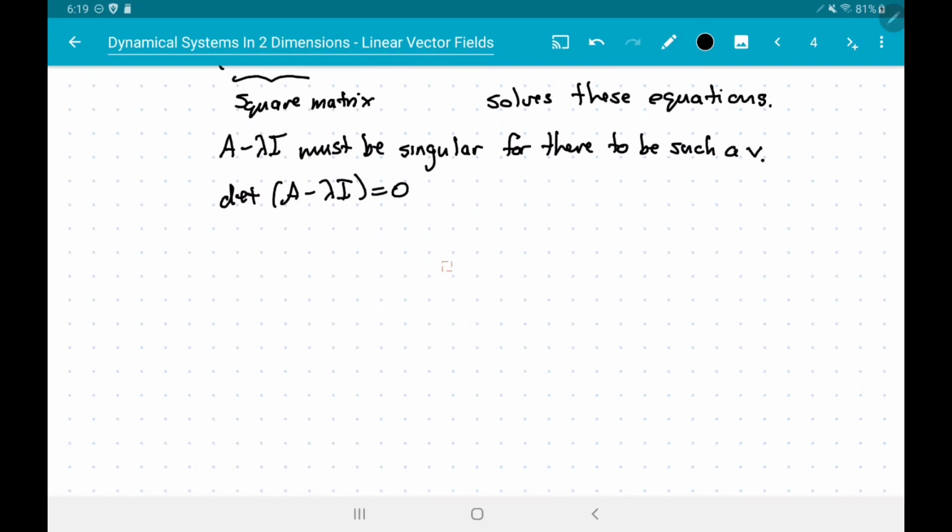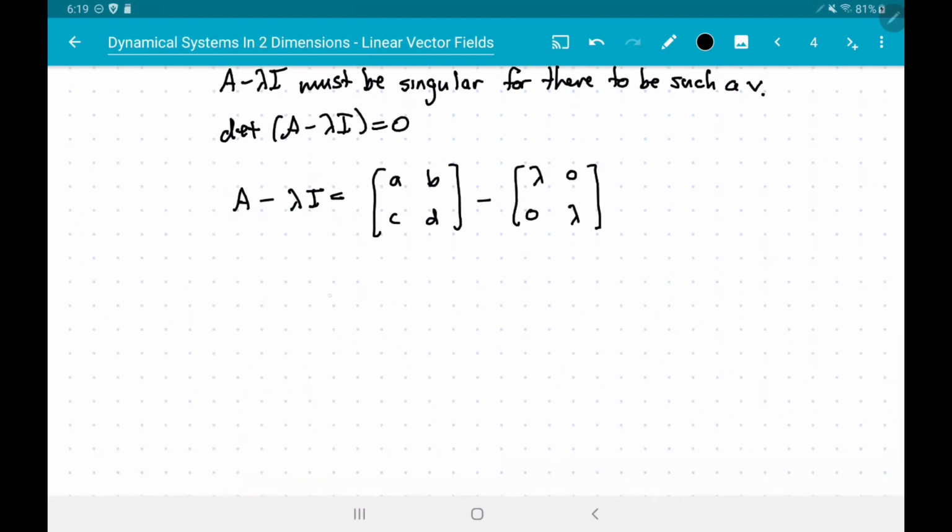Okay, let me put this aside and let's write out A minus lambda I for the 2 by 2 real case. So that will be A, B, C, D minus lambda 0, 0, lambda, like that. Now let's do element-wise subtraction. And there you go.